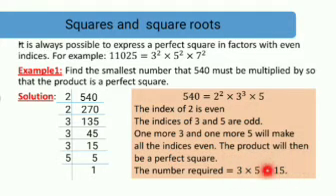Now, if you multiply this 15 by 540, the product will be a perfect square. Is that clear? What we are saying is that one more 3 and one more 5 will make all the indices even. So the product will then be a perfect square.